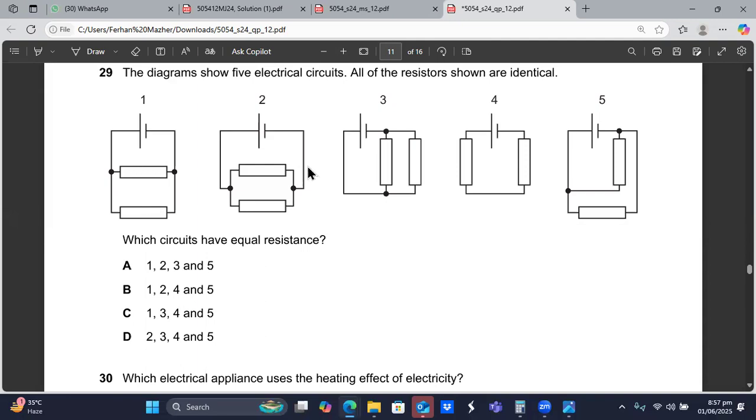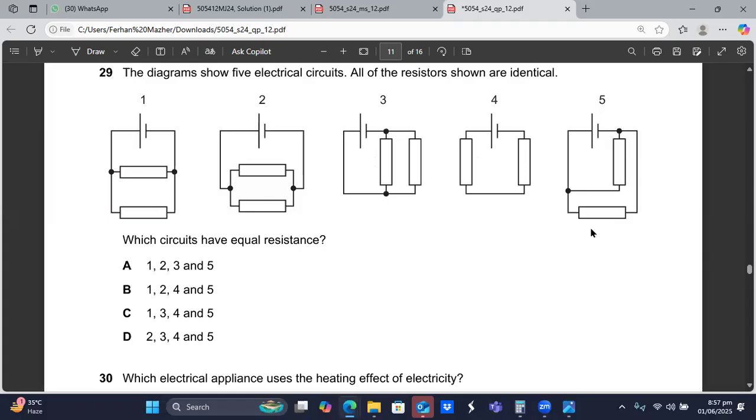These two are also parallel. These two are also parallel. These two are in series. So 1, 2, 3, they are same. This is not same because they are connected in series. And these are also parallel to each other. So I think 1, 2, and 5.